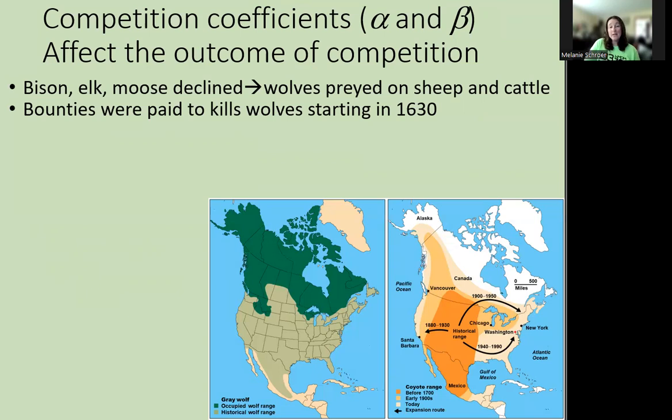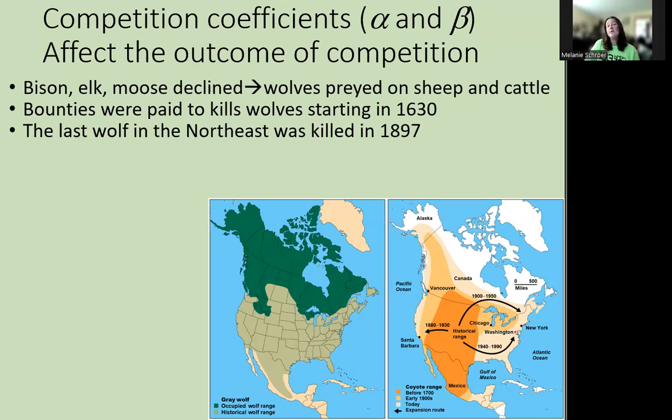Bounties were paid to kill wolves starting in the 1600s. And so really there is this kind of mass slaughter of wolves for a couple hundred years until the late 1800s, when the last wolf in the Northeast was killed, generally eradicated from the United States, again because the wolves were preying on livestock.